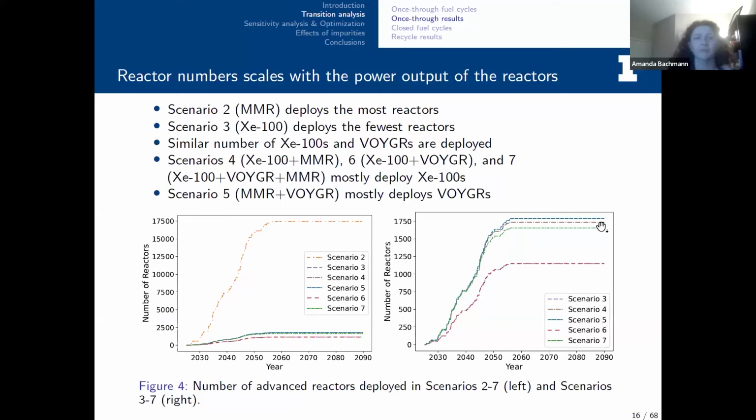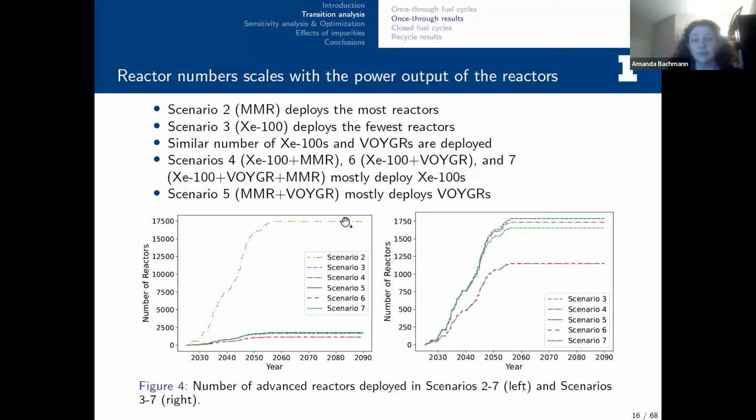Looking at just some of the reactor numbers, how many of these reactor designs do you need to deploy in each of these scenarios? These results are totals, not reactor-specific numbers for each of the scenarios. So you see that this really just scales with the power output of each of the reactors.